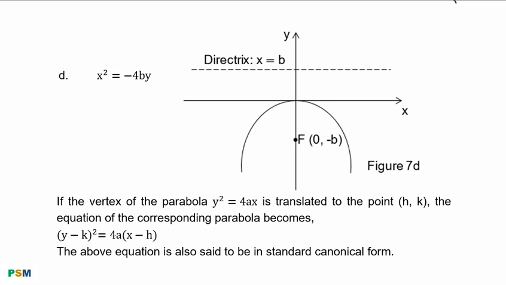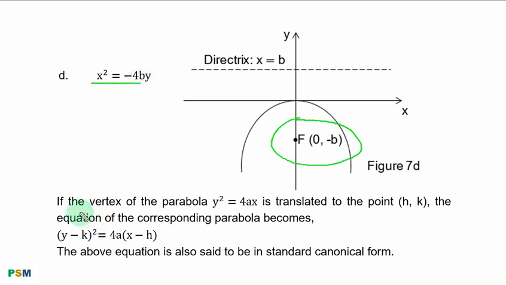The fourth case is when the focus is on the negative side of the y-axis. In such a case, the equation of the parabola becomes x squared equal to minus 4by.